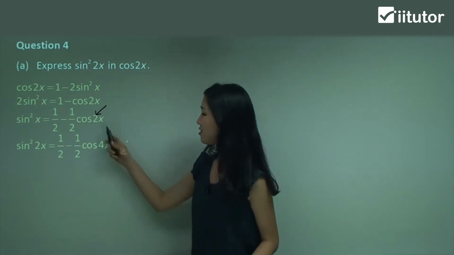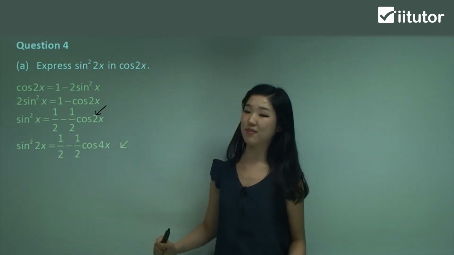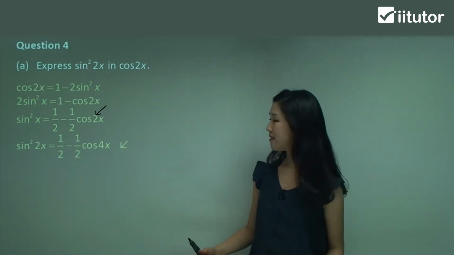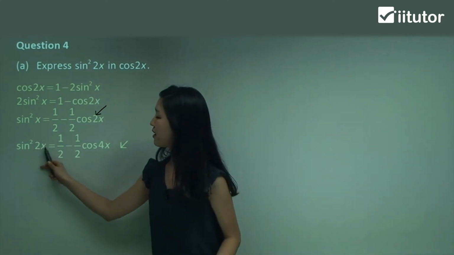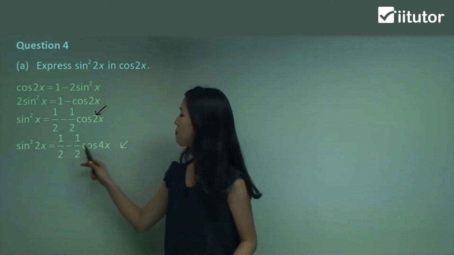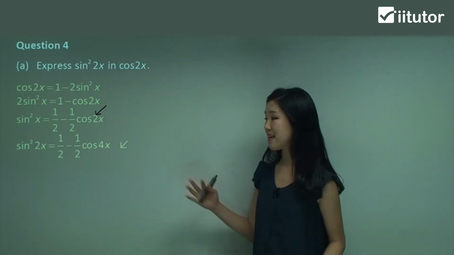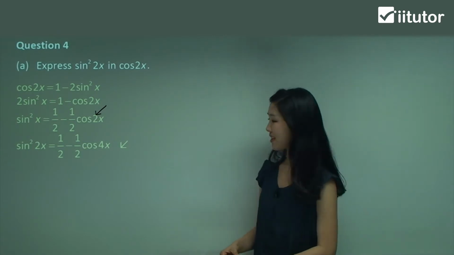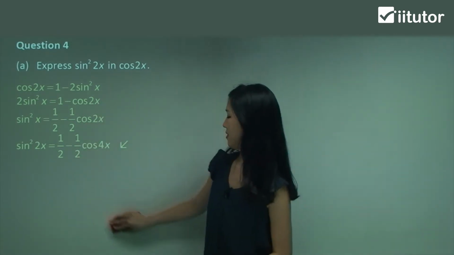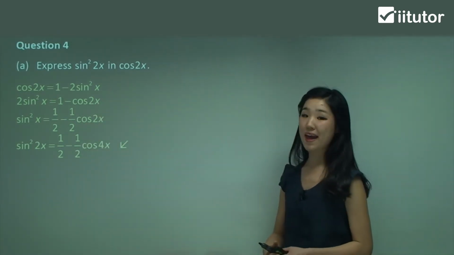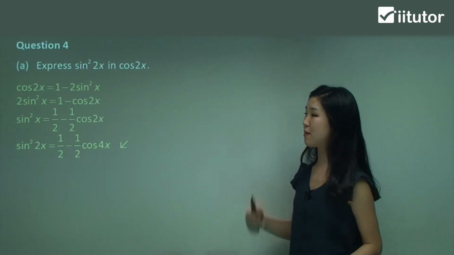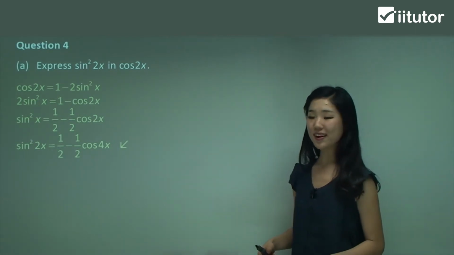So I did 2 times 2, which becomes 4x over here. Does that make sense? If I'm multiplying the inner function of this one by 2, I must multiply the inner function of this by 2 as well. And that's our simple answer. Have a look, guys. That's our answer to question 4a, and all I've done is use my double angle identities.